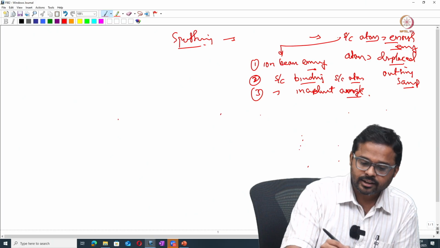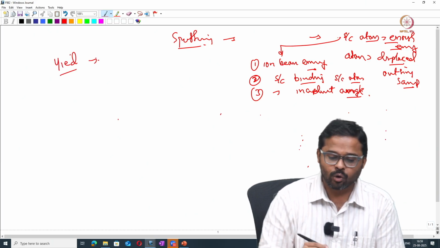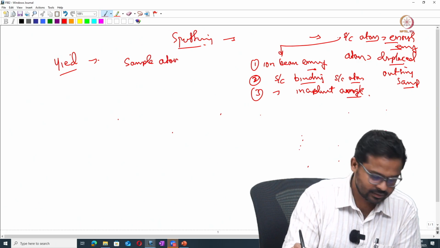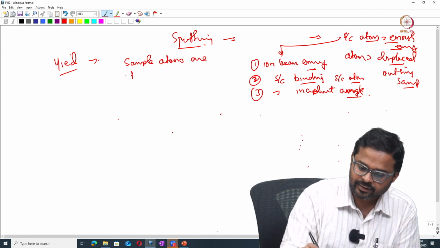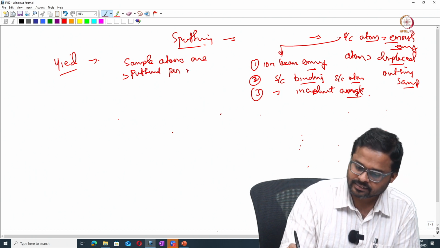The sputtering yield is described by how many sample atoms are sputtered per incident ion.